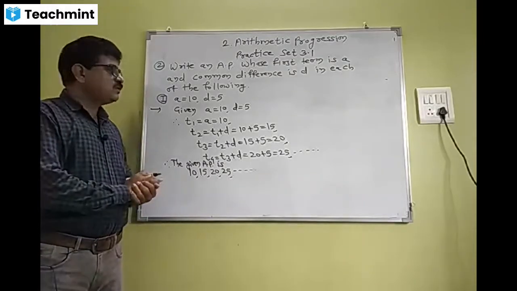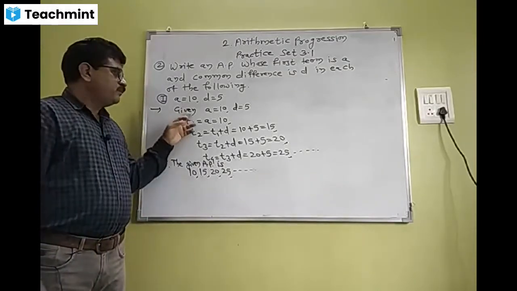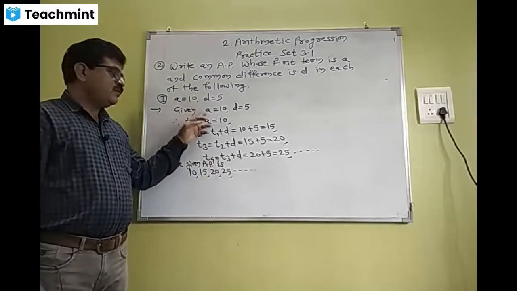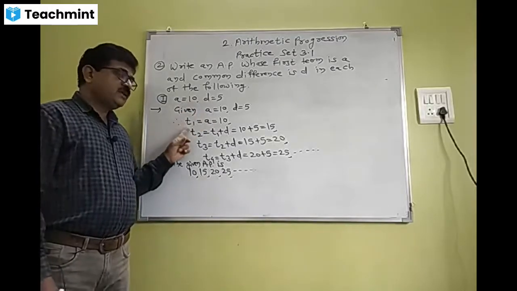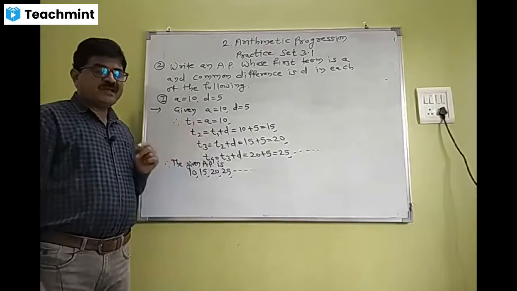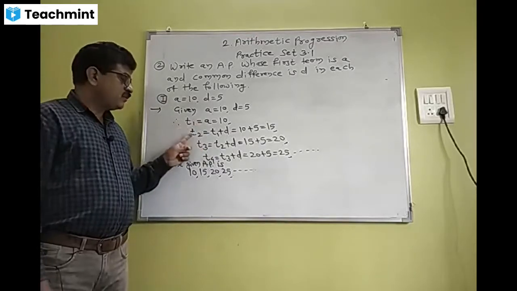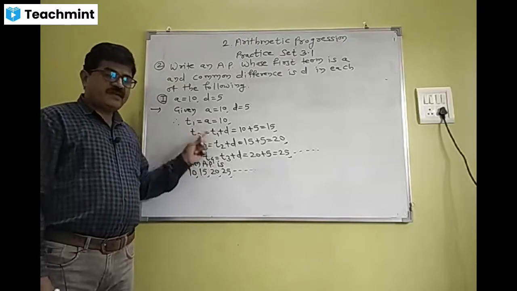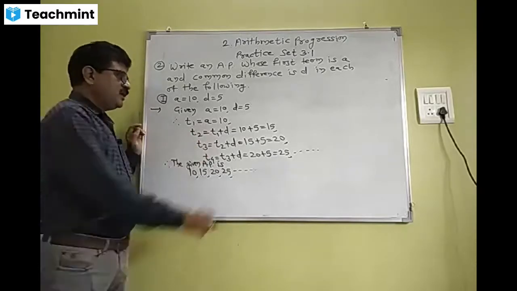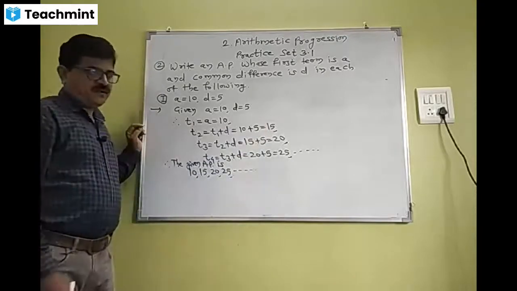कसं एक्झाम्पल सोडवलं पहा. First we write given, value of A and D. Here first term T1 is A is equal to 10. Second term T2 is equal to, previous term मध्ये D add केला, T1 plus D, 10 plus 5 is equal to 15.